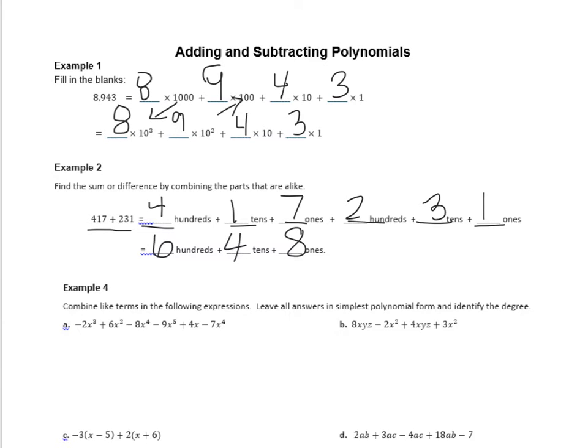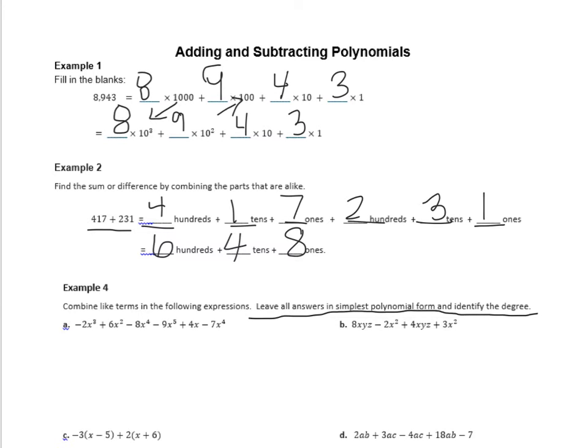So let's take a look at letter A. We'll start with sums. And we're going to leave all answers in simplest polynomial form and identify the degree. We're going to leave these in standard form as well, which means from the highest exponent to the lowest exponent.